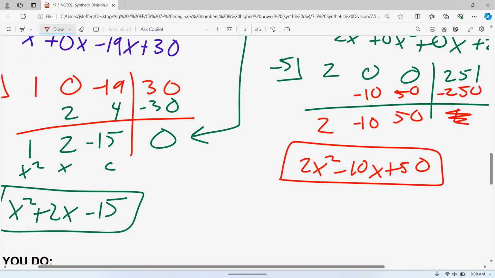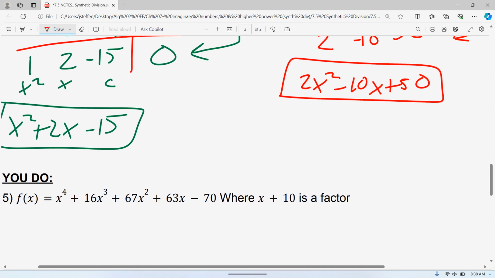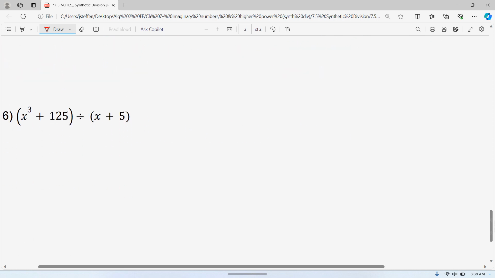Okay. We have about 15 minutes left. For what it's worth, number 6 does not have any remainder, like it should be.